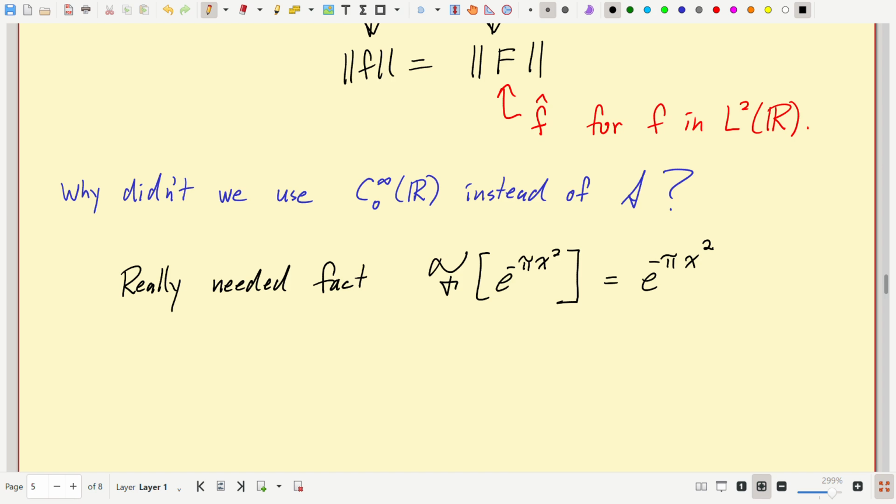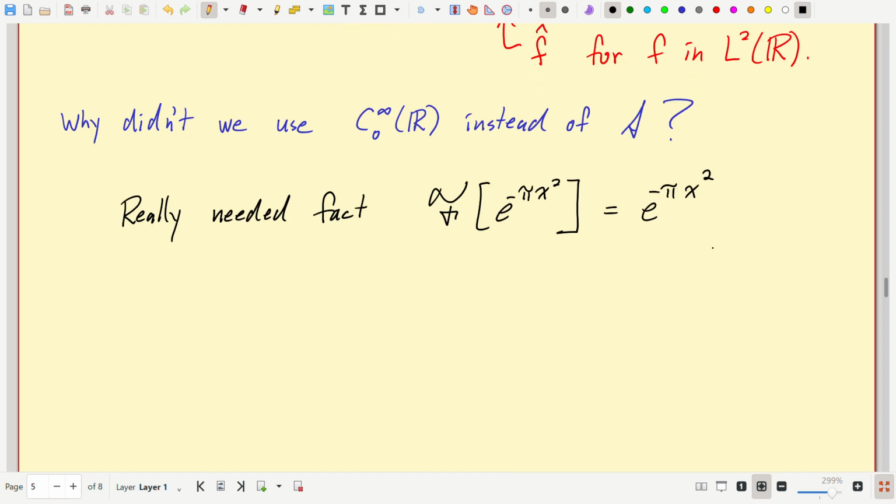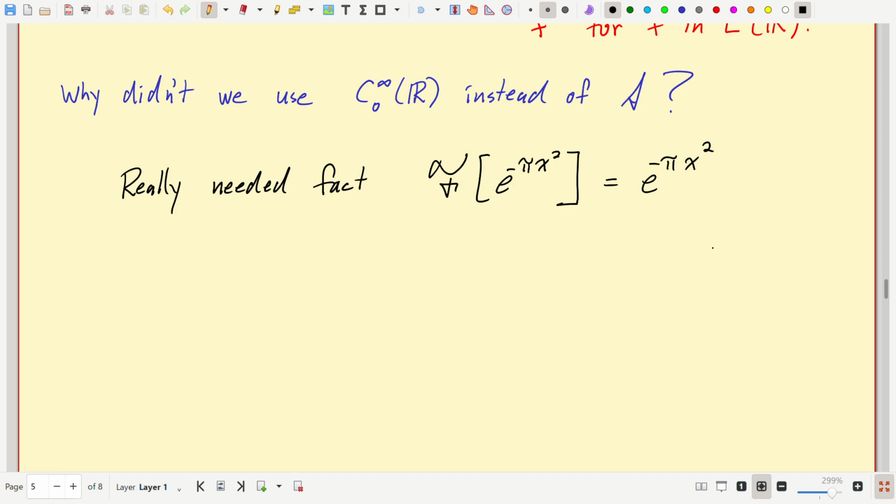Without that, we just couldn't get rolling. And so that's why the Schwartz space was the natural space to use. If you really go back and look at what I needed to show the facts, it was really a short list of things. That was the number one fact we needed: that f paired with g hat was f hat paired with g on S.